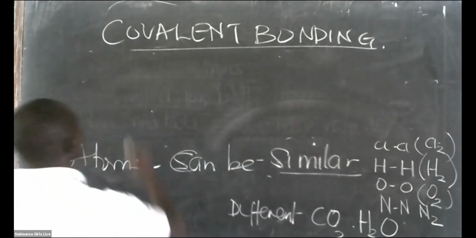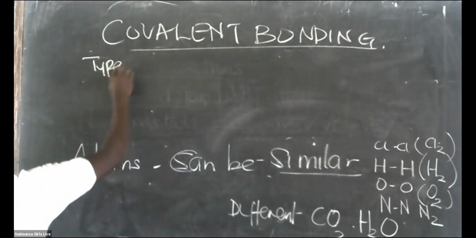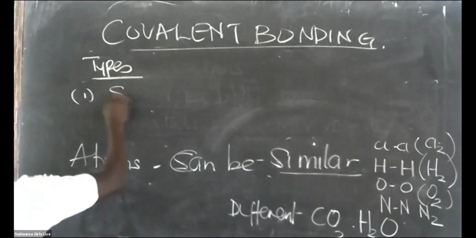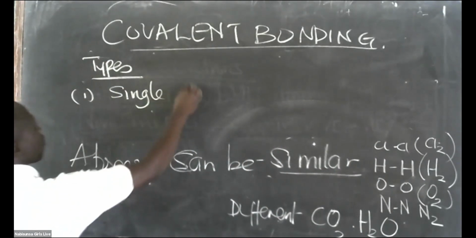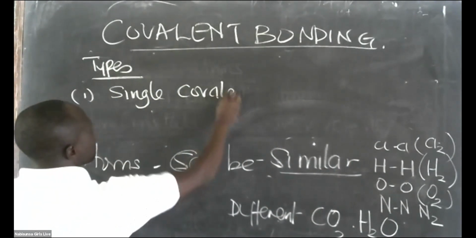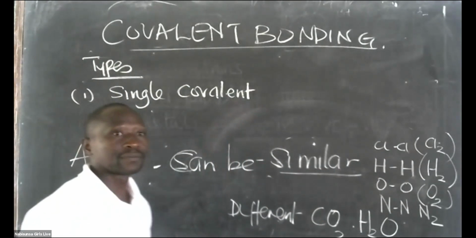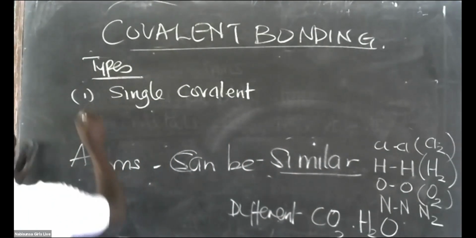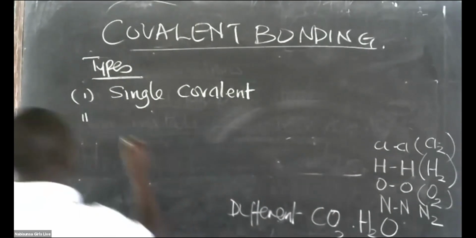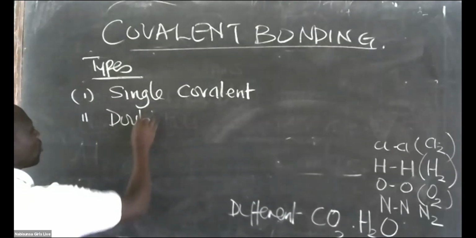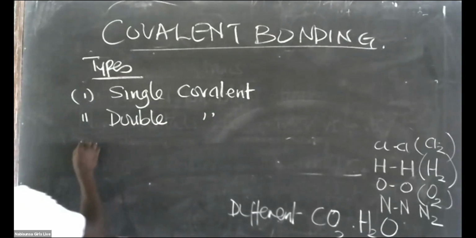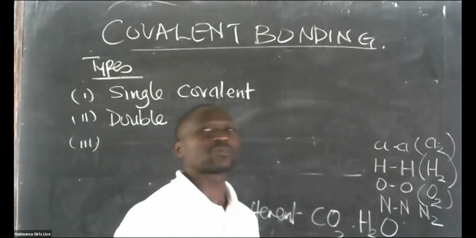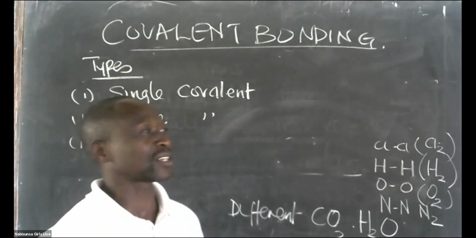Types. Number 1, there is what we call a single covalent bond. There is what we call double covalent. You know what double means. Number 3, think of one, and I'll tell you whether it is right or wrong.